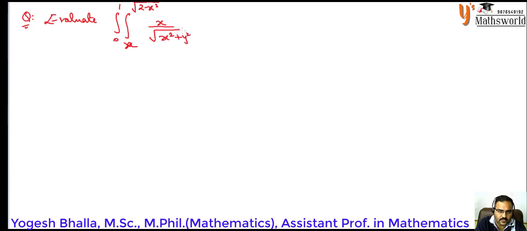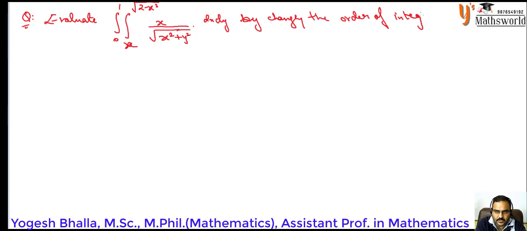Okay, so the second question over here is: evaluate the integral from 0 to 1, x to root of 2 minus x square, of x over root of x square plus y square, dx dy, by changing the order of integration.